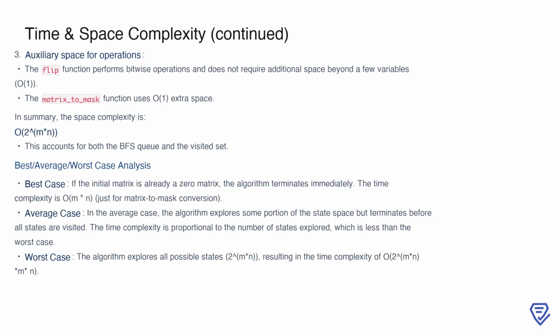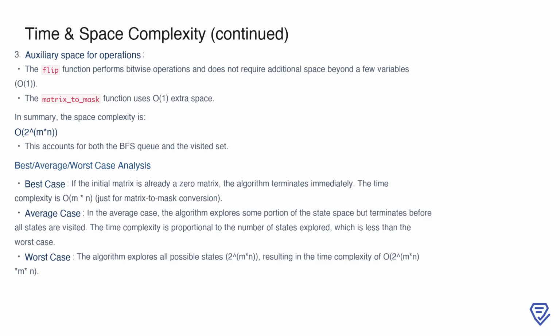Additionally, we consider the auxiliary space used during operations. For example, the flip function performs bitwise operations, which only need a small number of variables and therefore require O(1) extra space. Similarly, the matrix_to_mask function also operates with O(1) additional space. Combining these factors, the overall space complexity of the algorithm is 2^(m*n), primarily driven by the BFS queue and the seen set.